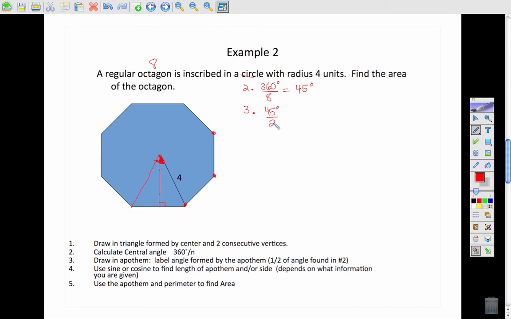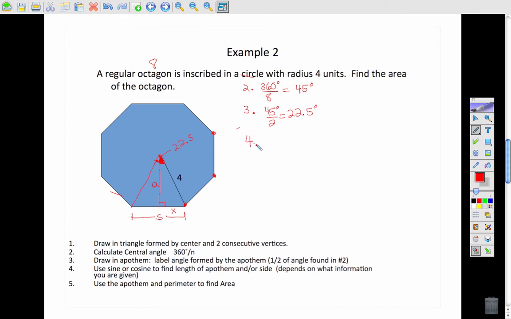So I'm going to take that 45 degrees and divide it in half. And we're going to use that as part of this right triangle to solve for the length of the apothem, because we need that to find our area. We also need our side length right here, and we're going to do that by finding half of this and then taking it times 2.